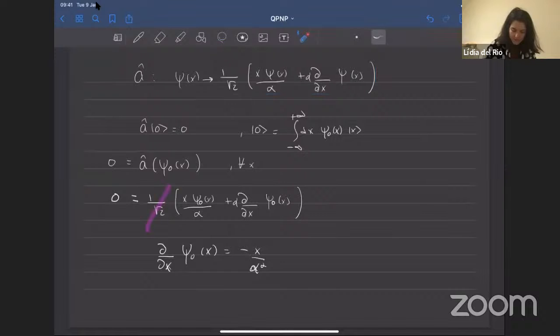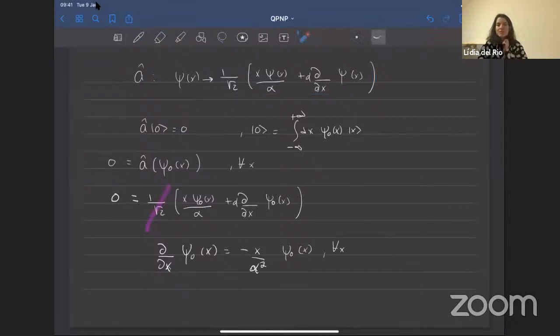Because there's one alpha here, one alpha there. There's a minus sign when we move one of these terms to the other side. Do it by hand, it's a nice exercise. So this is alpha squared times psi 0 of x. Okay, good, for all x.